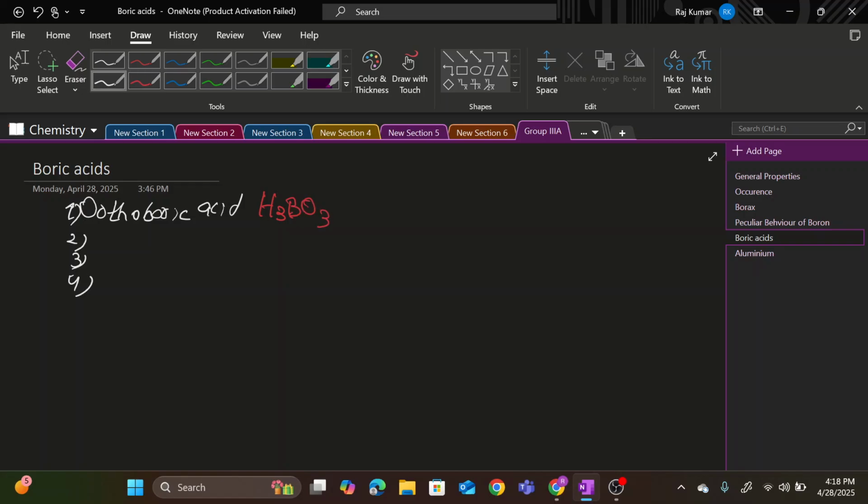And then we have metaboric acid, which we have also studied previously.